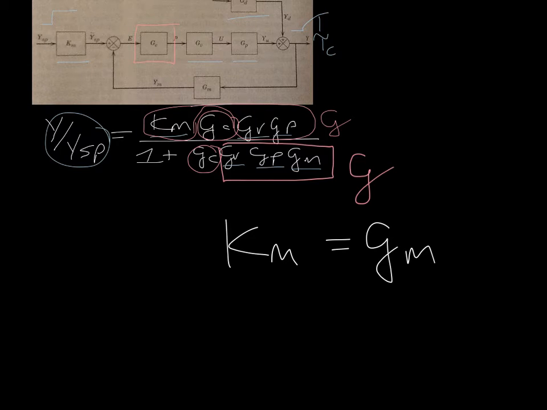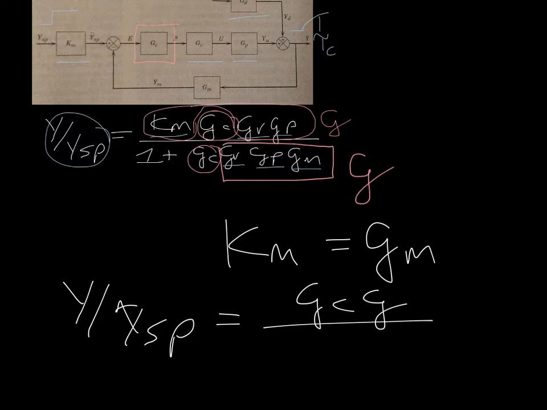So that just means we assume similar dynamics in that transfer function. Now you'll see that that simplifies this equation down to y over y sp is equal to gcg over 1 plus gcg.